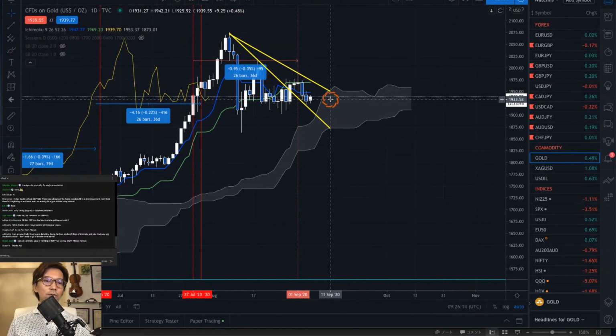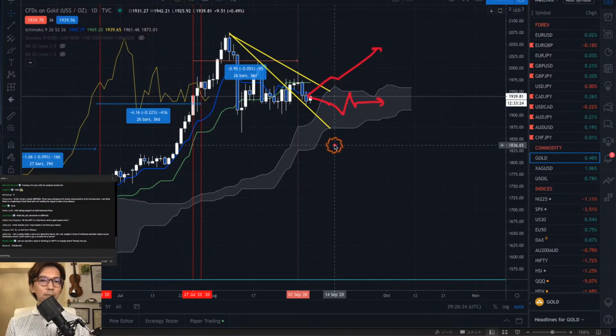I would wait for 5 more days until the price comes here, and if it ends above the forecast lines, then I expect the price to continue to go up. If it ends within the forecast lines, within the Kumo, then I expect the ranging market to continue. So I won't look at the gold for the next couple of months or so. And if the price goes below the forecast lines, then I expect the price to continue to go down this way.